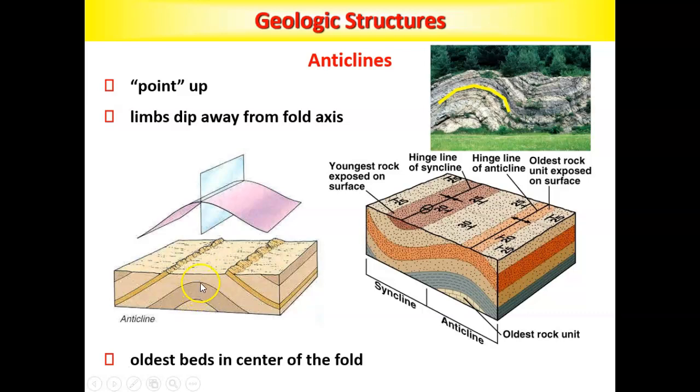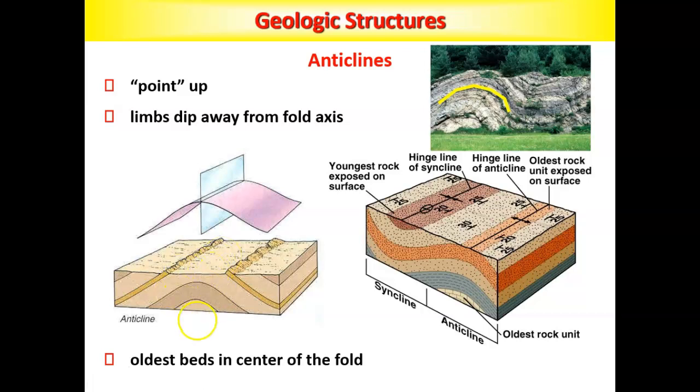Then this one, then this one, then the yellow, then the tan, then the brown. So of the rocks exposed on the surface, older ones are here. This is younger, younger, and the youngest is on the outside. So this is why we would say that the oldest rocks, if they're exposed in the center, it must be an anticline.